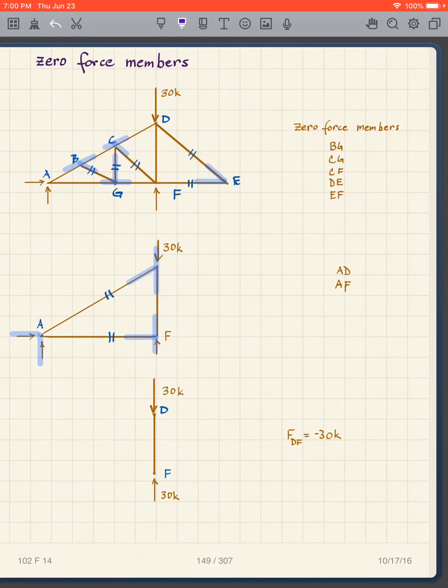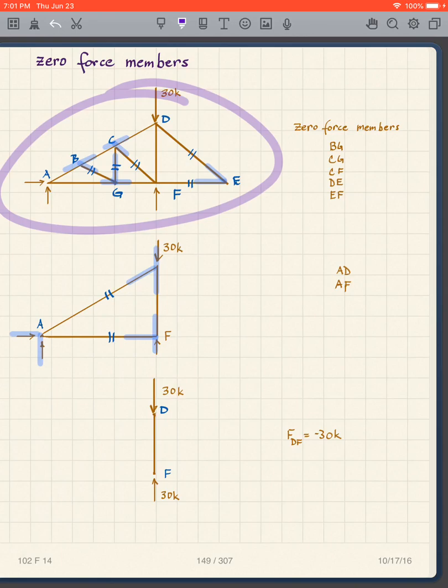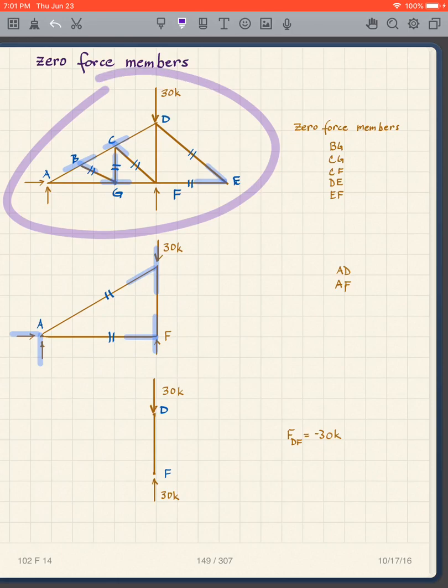So that's another way to do it. But in this particular case, under this loading condition, it's not obvious, but this is the only member that is loaded. Everything else does nothing under this loading condition.